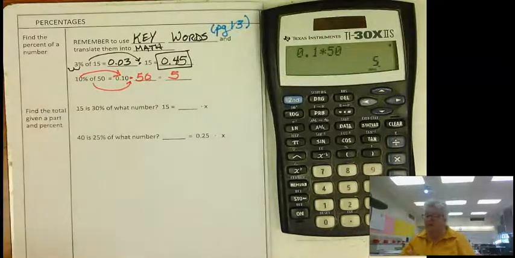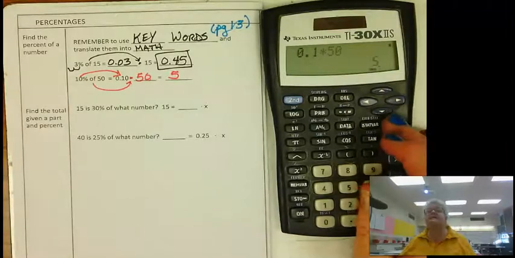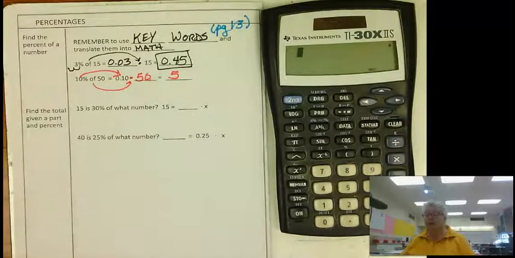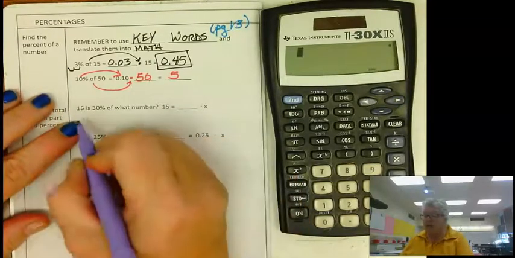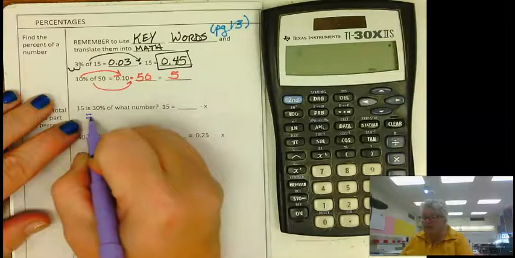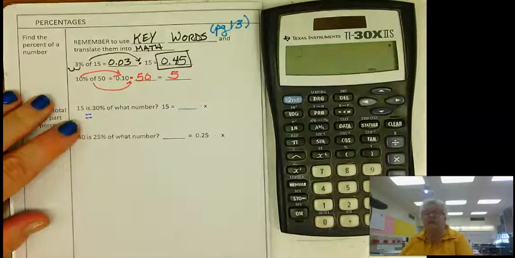All right, 15 is 30% of what number? I don't know. That's just wrong, Miss Sissel. It's not as wrong as you think, okay? 15 is, so that's going to be multiply, or no, equal. 15 is means equal.